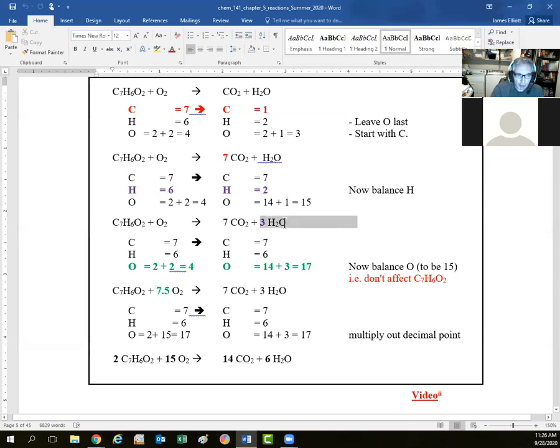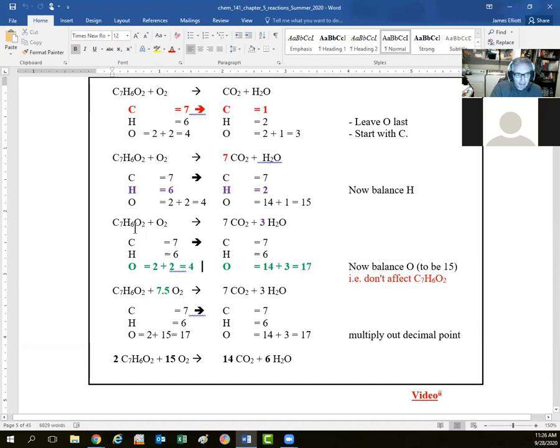So we'll take 3 molecules of water, which of course also has a multiplying effect on the amount of oxygen. So the 14 plus 3 now gives us 17. But we've now balanced the carbon and the hydrogen, we just have the oxygen left. Now we'd like our total oxygen on both sides to match that higher total of 17.